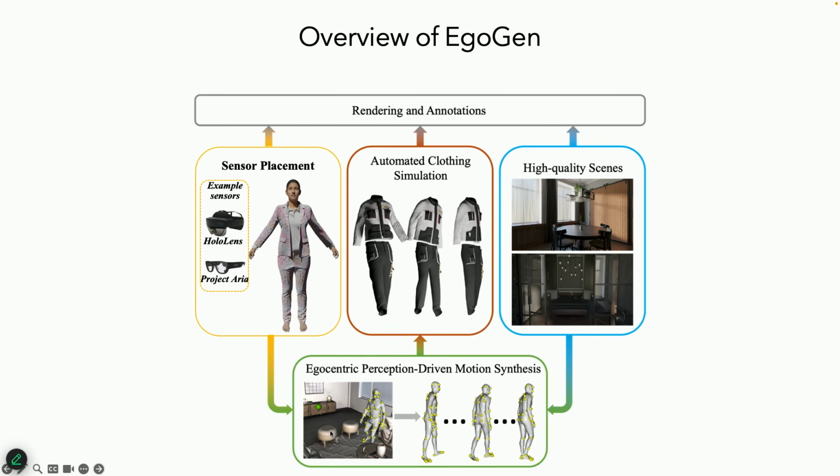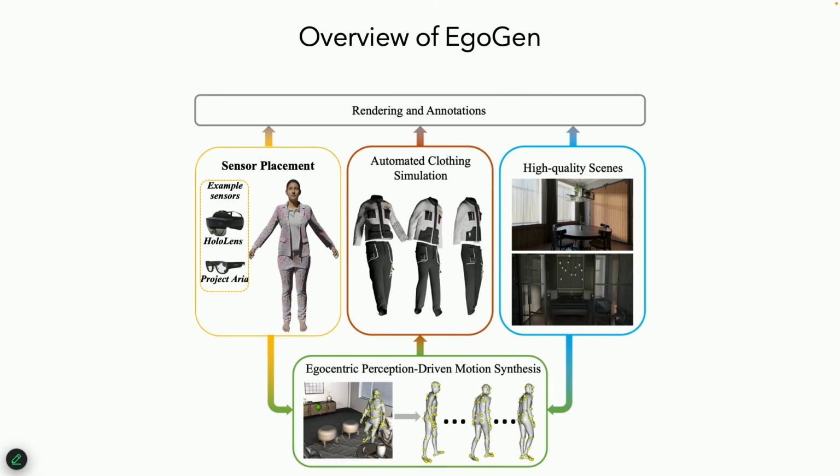right? And the key technical challenge here is the motion synthesis part, right? And here we propose this egocentric perception-driven motion synthesis model. Human motion synthesis itself is a topic people have studied a lot, so there is a community on that. And we consider that if we want to generate realistic human behaviors for egocentric cameras, right?